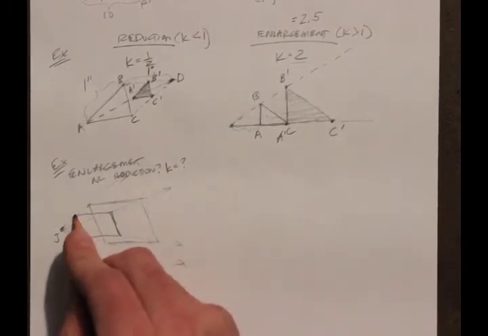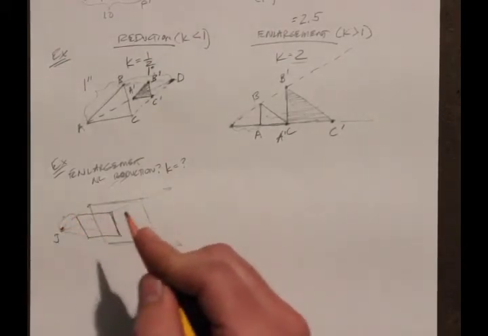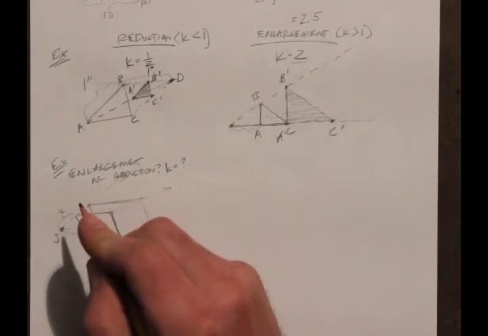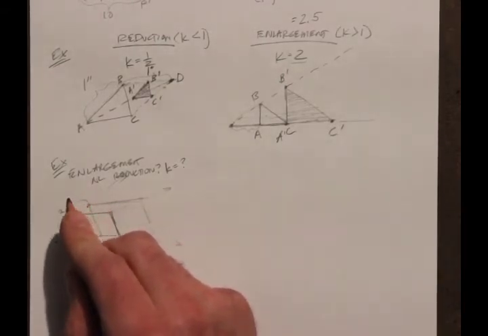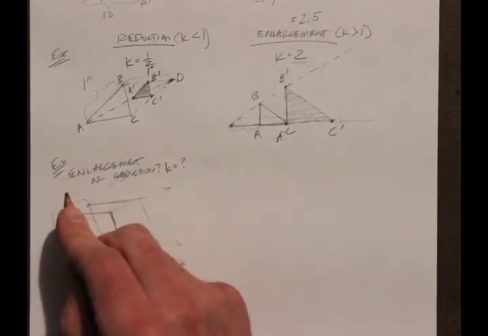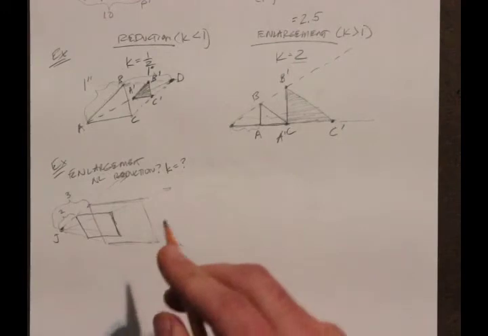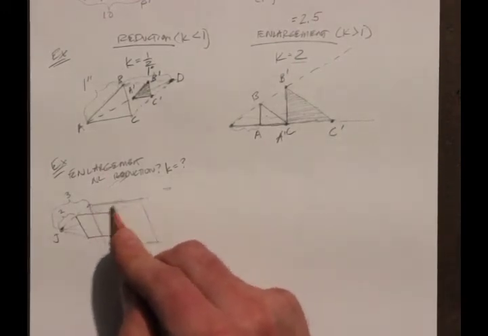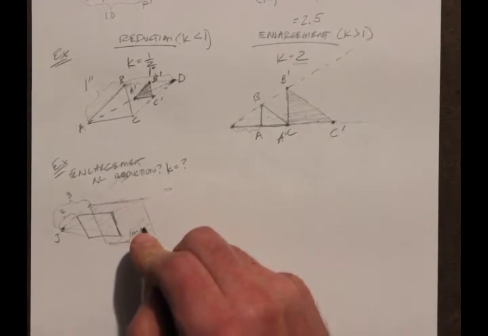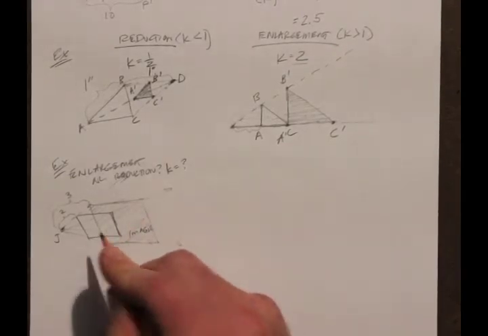And from here to here is 2, and from J to the image is 3. And this is the image, and this is the pre-image.